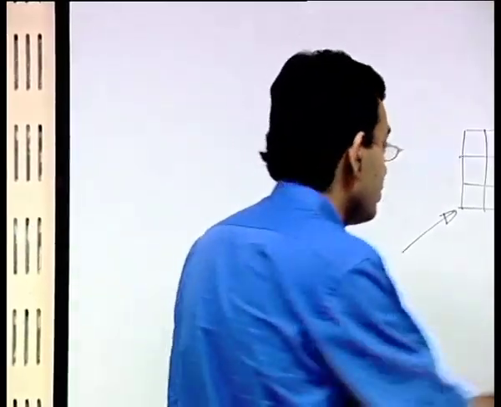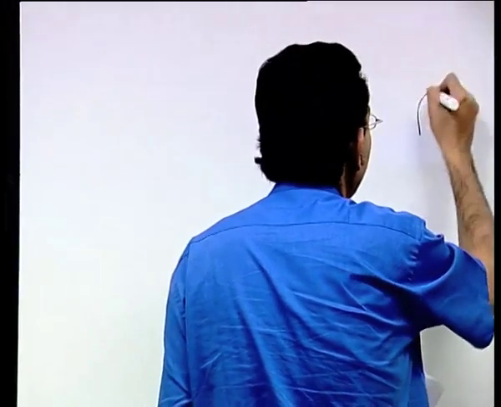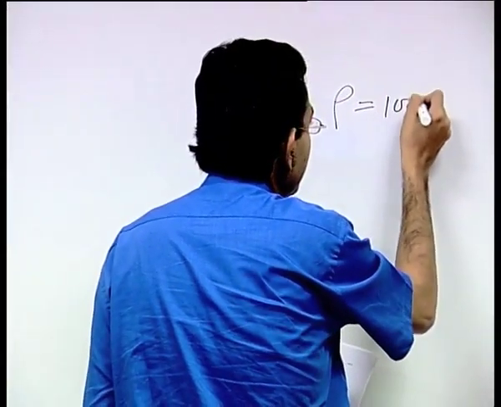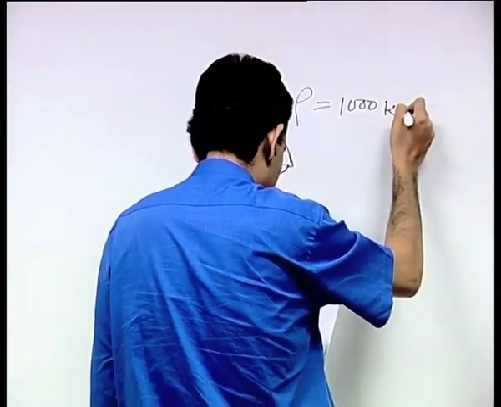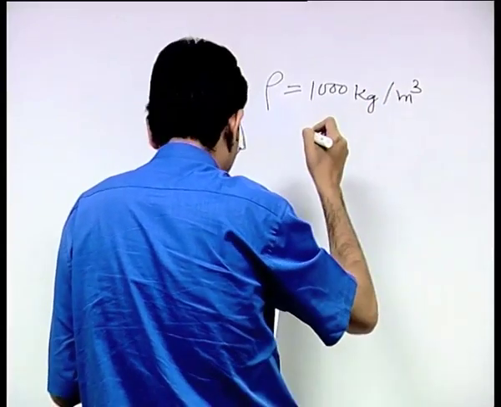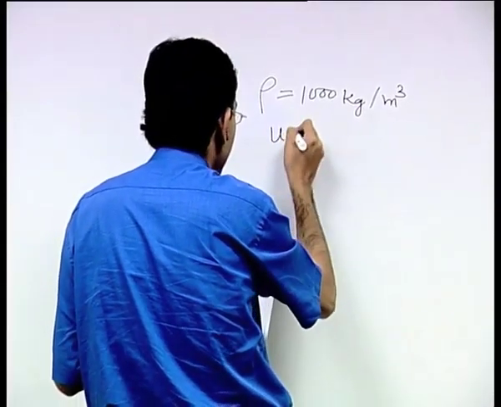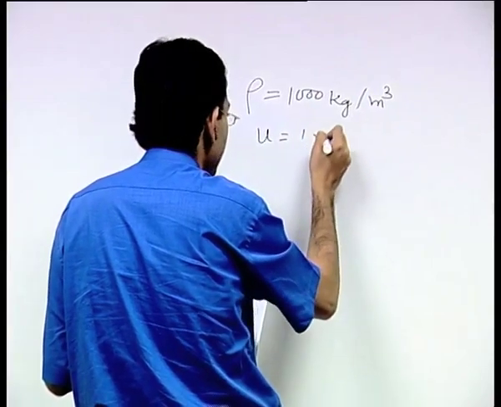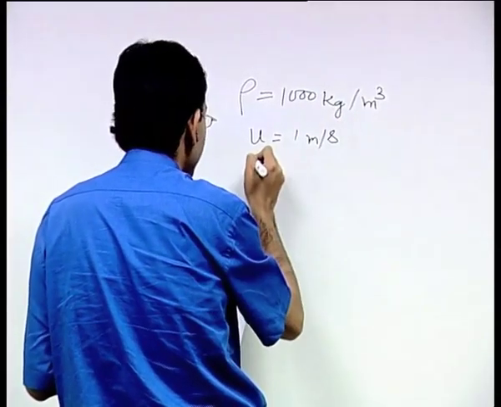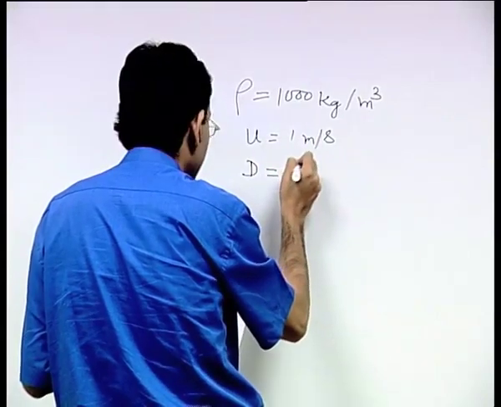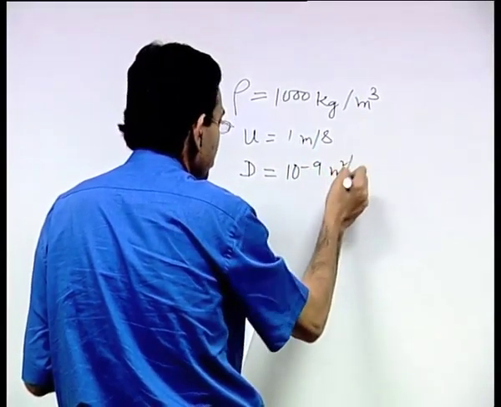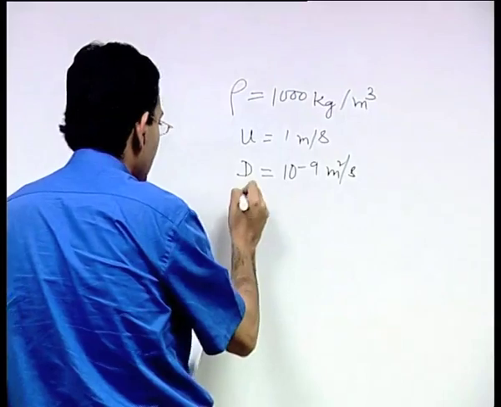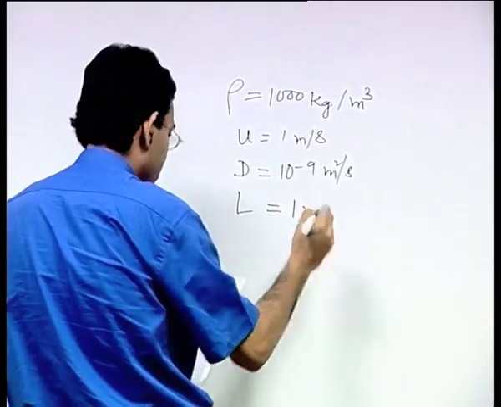Next question. For a one dimensional convection diffusion problem, it is given that the fluid density is 1000 kg per meter cube, flow velocity scale is of the order of 1 meter per second, diffusion coefficient is 10 to the power minus 9 meter square per second, and domain length is 1 meter.